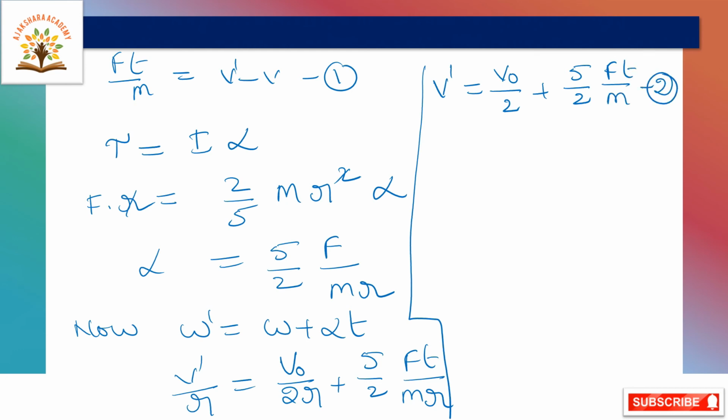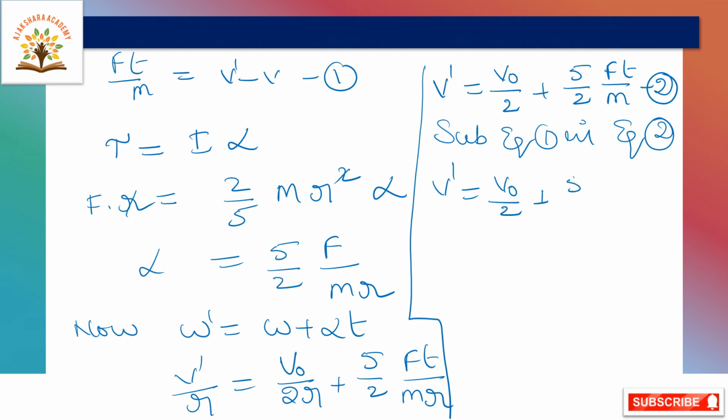Now substituting equation 1 in equation 2, we get V dash is equal to V naught by 2 plus 5 by 2 into V dash minus V naught minus V dash. Now V dash is equal to V naught by 2 plus 5 V naught by 2 minus 5 V dash by 2.